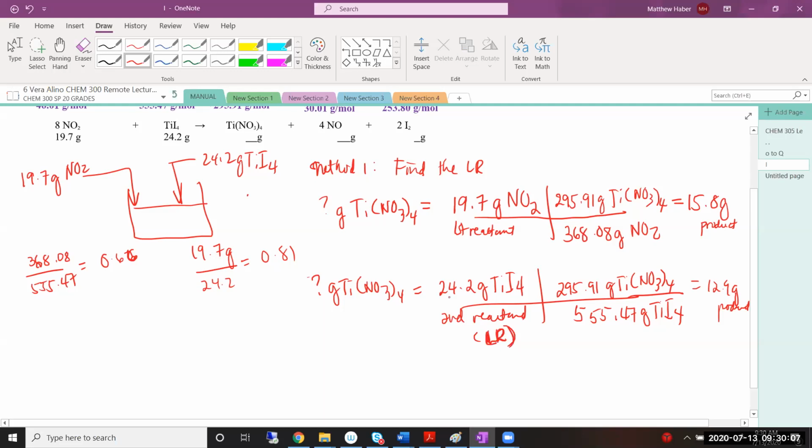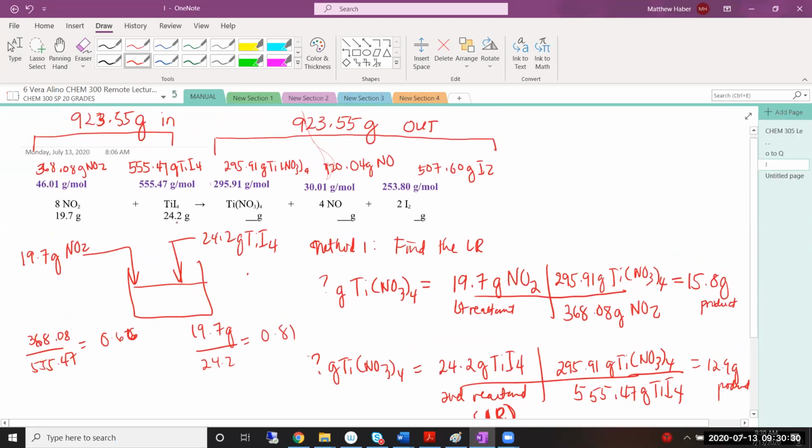So by the time I use up all 24.2 grams, I can only make 12.9 grams of the product. It's impossible for me to make 15.8 grams because by then all of this titanium 4 iodide is used up.